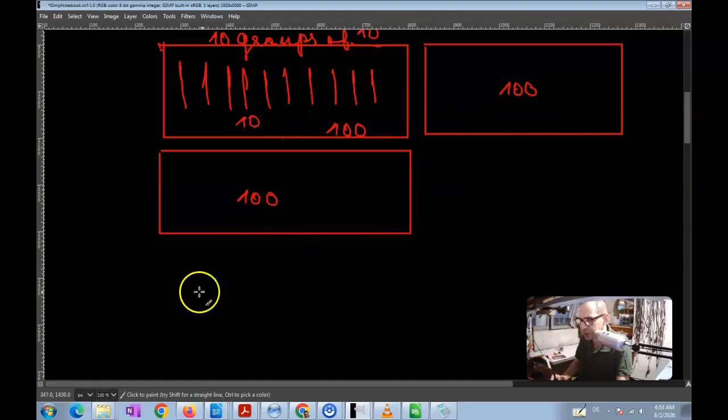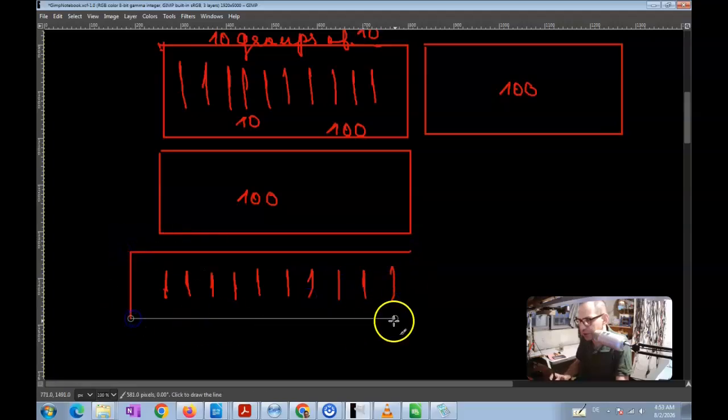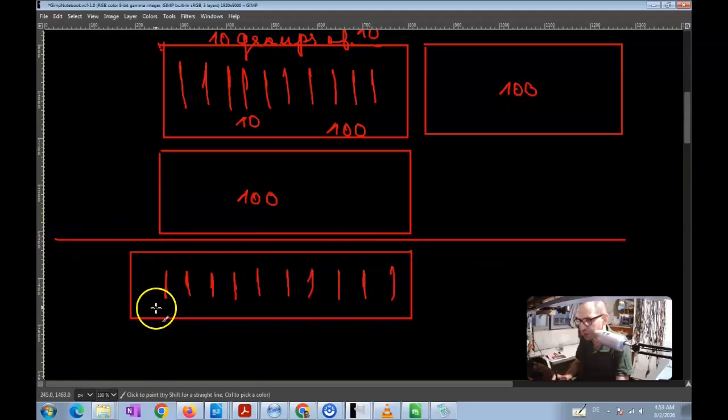So then these groups of 100, 1, 2, 3, 4, 5, 6, 7, 8, 9, and 10, I put them together in a group. So that's a group of 100. So this is 10 groups of 100.